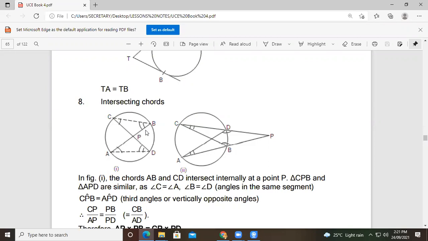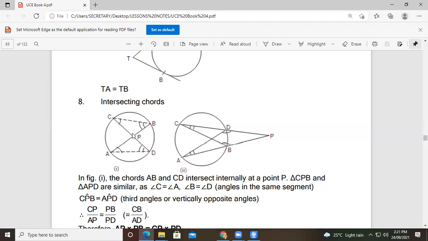Chords AB and CD meet at point P. So there are two triangles which are formed. There is this triangle APD, and there is also another triangle CPB. Those are two triangles which are formed. So they are saying that those two triangles are similar.